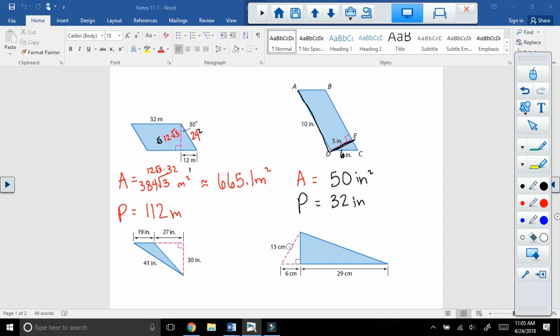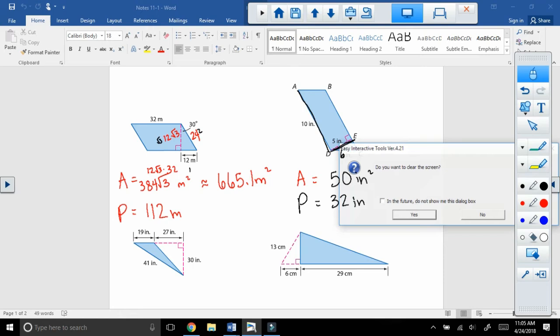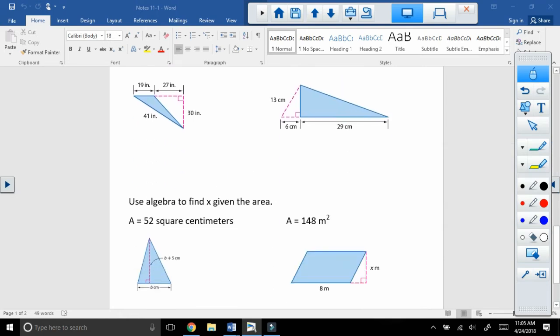For these next two, for area of a triangle, let me go ahead and scroll down again. For the area, make sure that you're taking half of base times height, and make sure that the base and the height are perpendicular. So for this triangle here, what are the two dimensions that are perpendicular to each other?